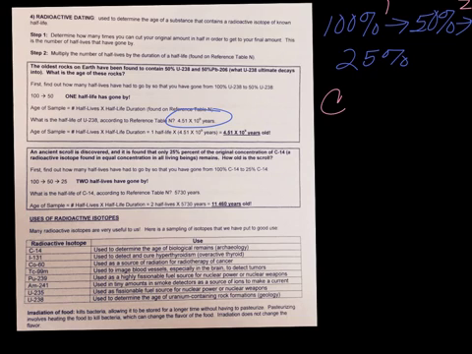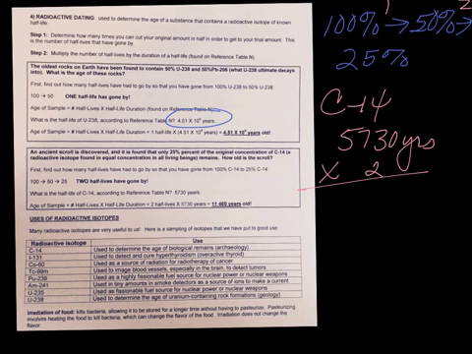I go and look up carbon-14 in table N, and I see that the half-life is 5,730 years. But it underwent two half-lives, so I have to times that by 2. And that is 11,460 years total for the age of a sample.